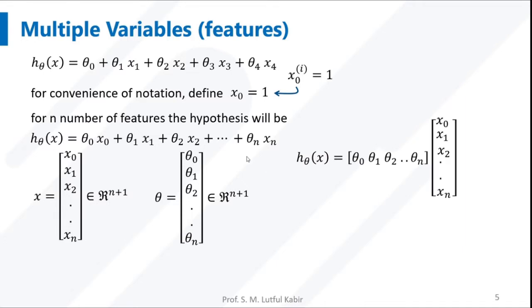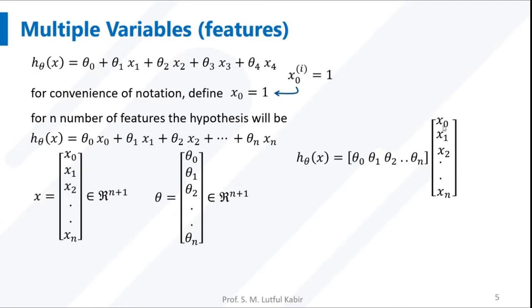So if I rewrite this hypothesis equation in the matrix form, we can write in this manner. The row matrix, that means a matrix containing a single row, theta 0, theta 1, theta 2, theta n, and a column matrix x0, x1, x2 up to xn. If I multiply these two matrices, this is nothing but this equation.